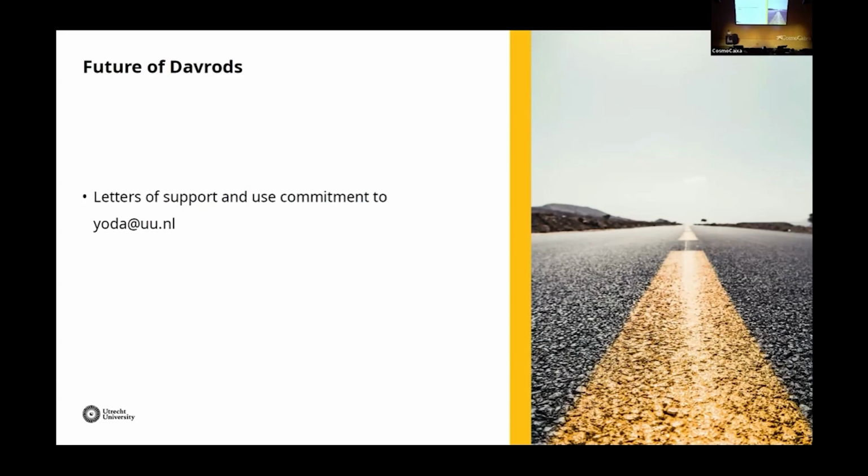If you do use Davrods, please send letters of support and use commitments to yoda@uu.nl, which would be greatly appreciated. We also have them on the stickers that are next to the iRODS stickers in the lobby. And I think that's about it. Thank you.